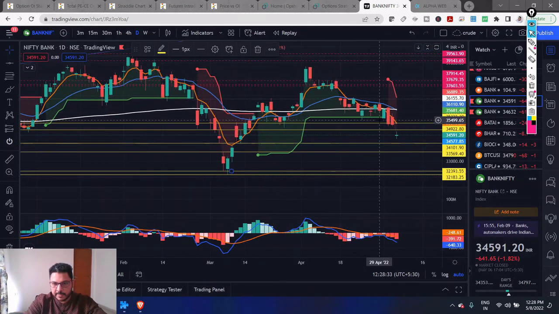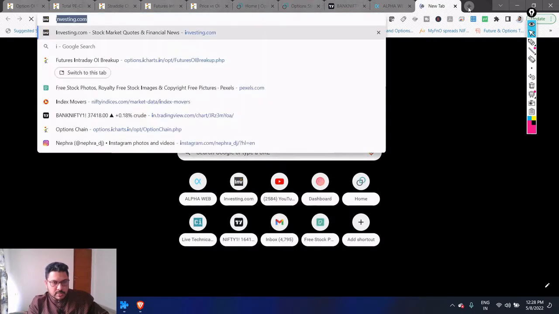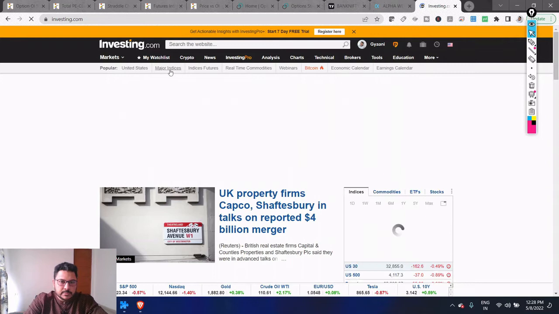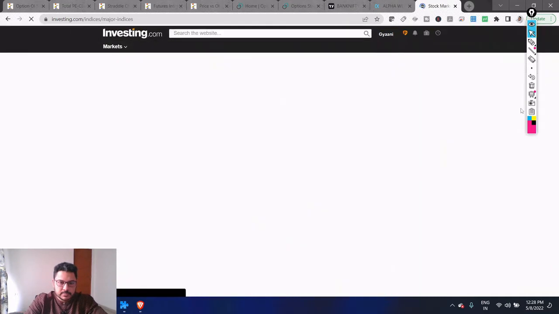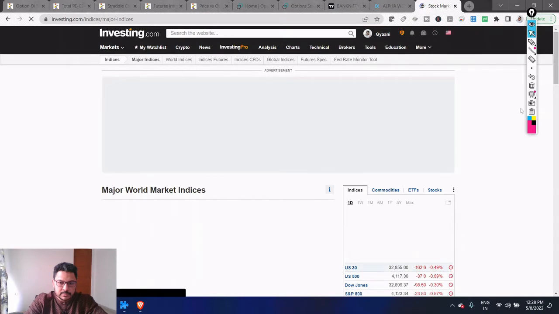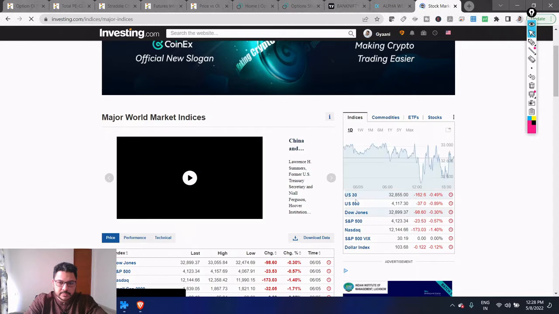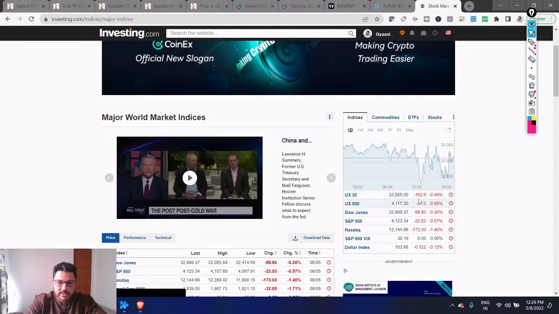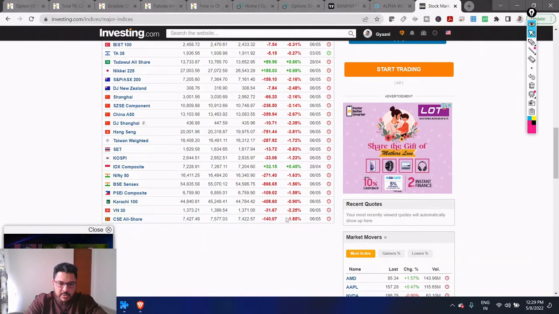Inflation is going high, and overall economies are going down. Let's see what investing.com is telling us on the global markets. So Dow Jones was 98 points down, and US 30 is about 162. And if you look at all the global markets, they're all red.